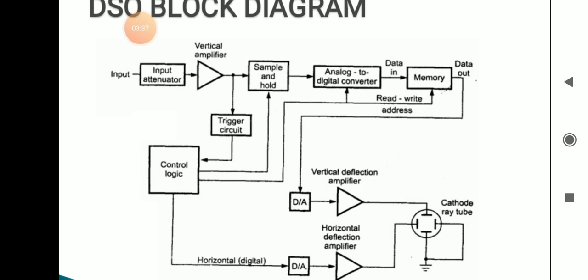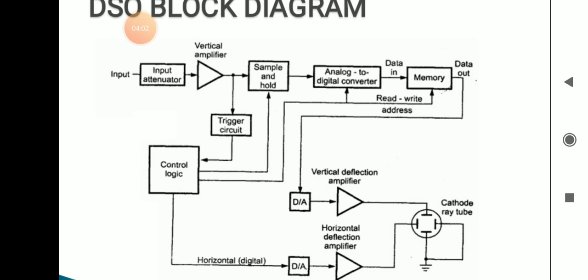First point, the input signal is applied to the input amplifier and attenuator section. You already know the use of amplifier and attenuator. The input signal is amplified and attenuated as in a conventional oscilloscope.